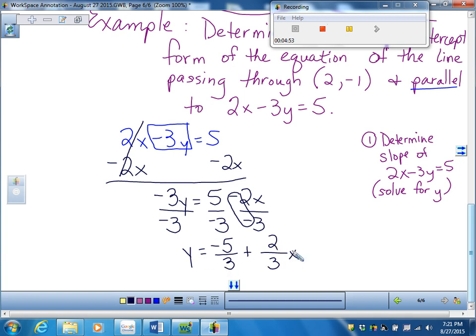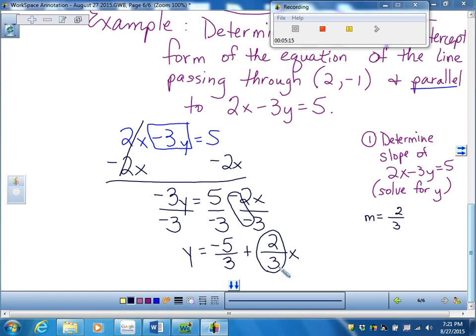Now looking at this, my slope is the one that is being multiplied by the x, or is attached to the x. So my slope is actually 2/3. So m is equal to 2/3. Alright? So I now have my slope.